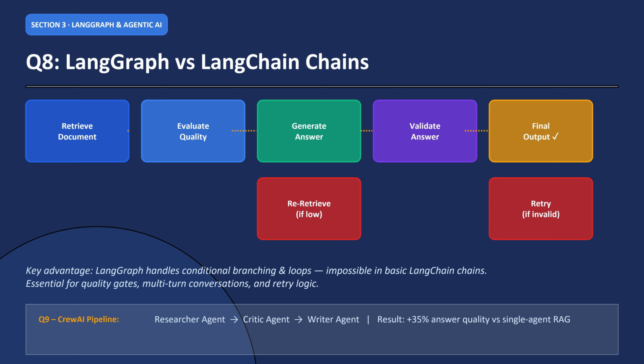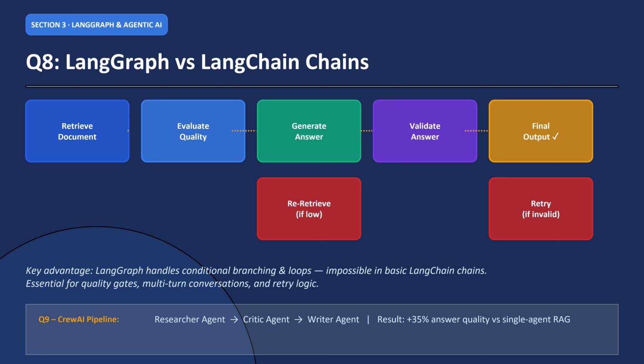Question 9 on this slide covers CrewAI. I built a 3-agent pipeline using CrewAI for a knowledge management use case. A researcher agent retrieves relevant documents. A critic agent evaluates those documents for relevance and flags gaps. A writer agent synthesizes the final structured response.